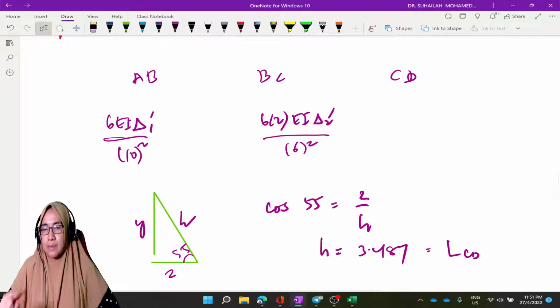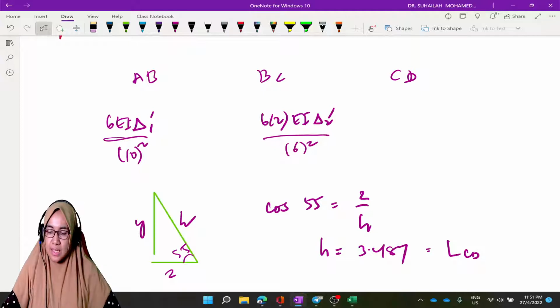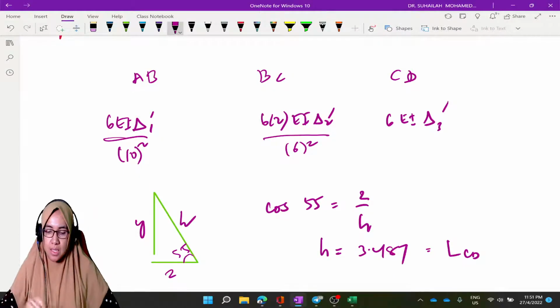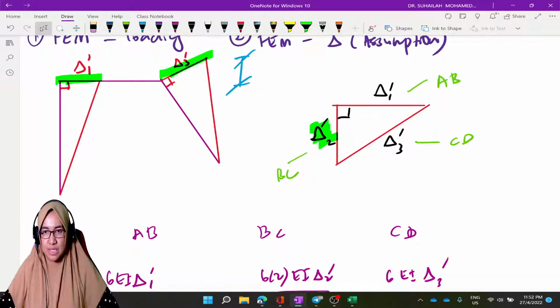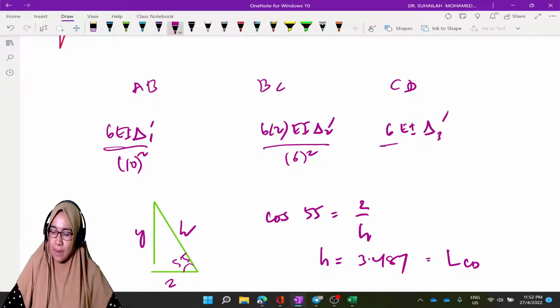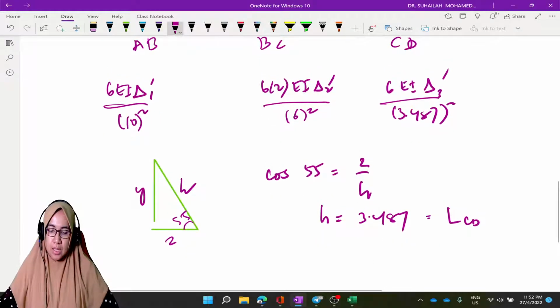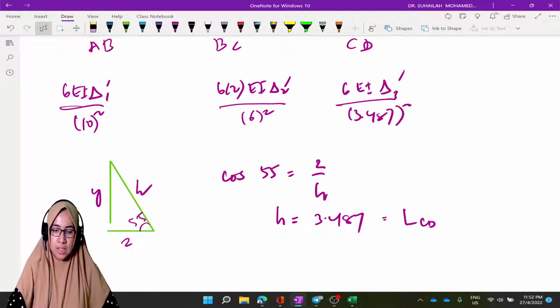So we will calculate by applying the formula. It is 6 EI, and this one we must use delta 3 for CD, divided by 3.487 squared.